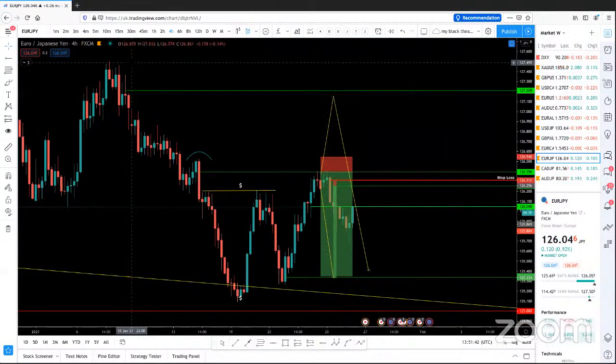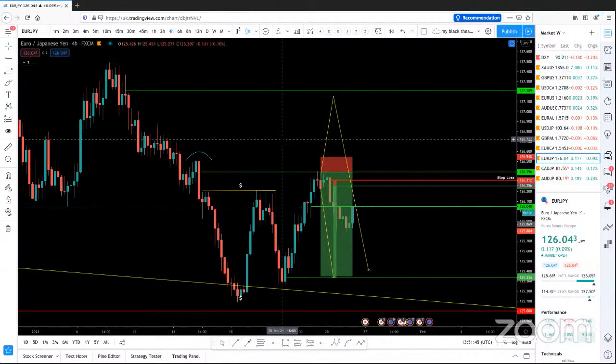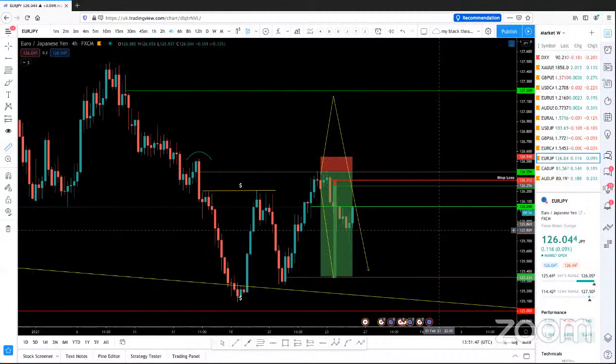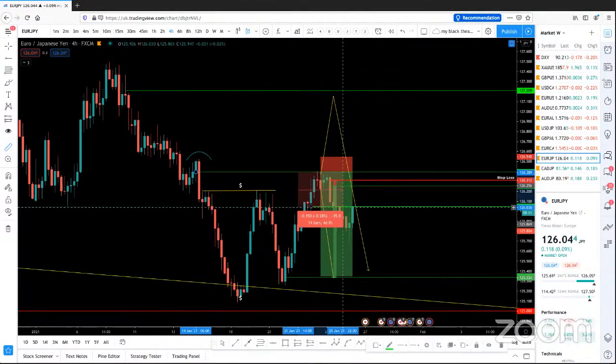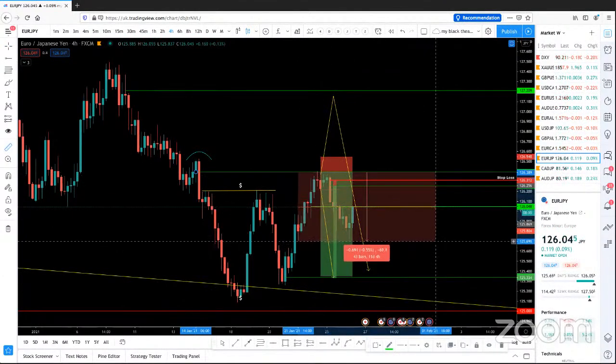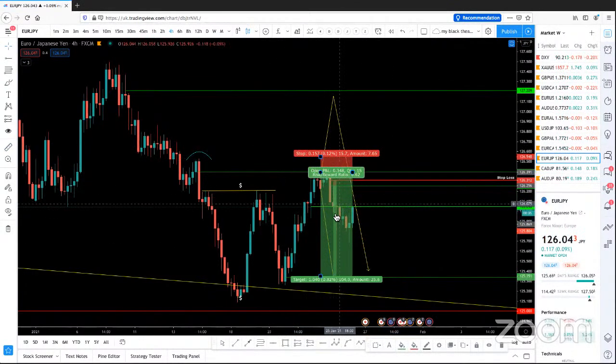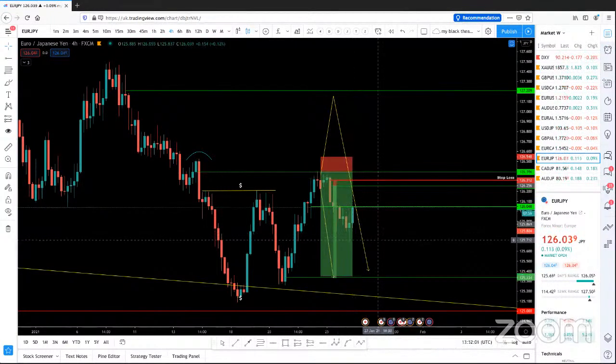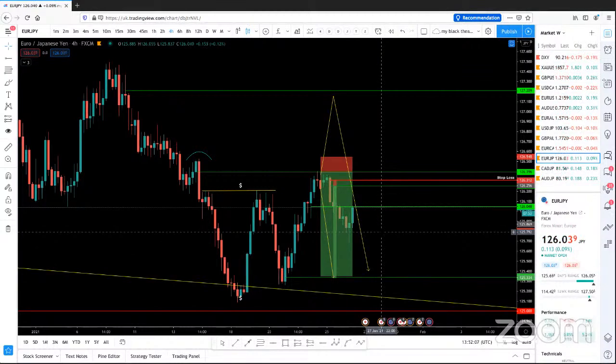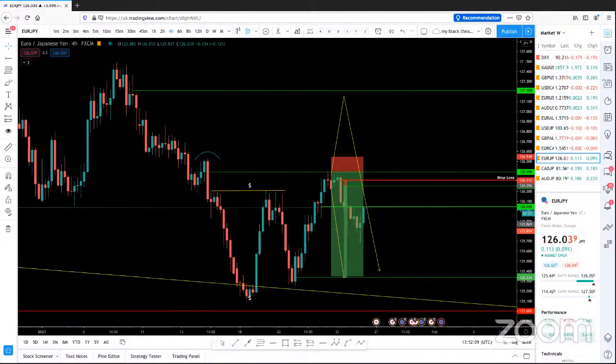Guys, we did share this setup last week, and we have caught nearly 69 pips, because I had a twin trade inside, a double trade. Some of you are already on this setup. We did share it with our private members group, as well as on the free Telegram channel.